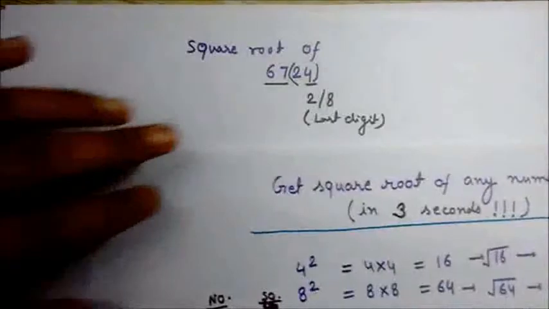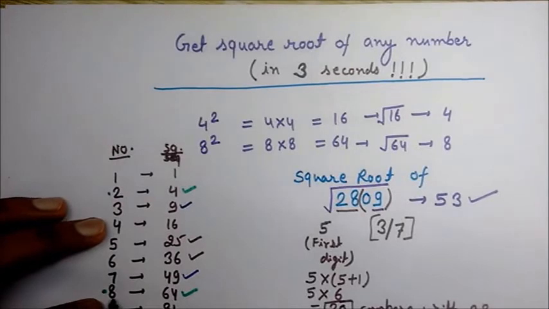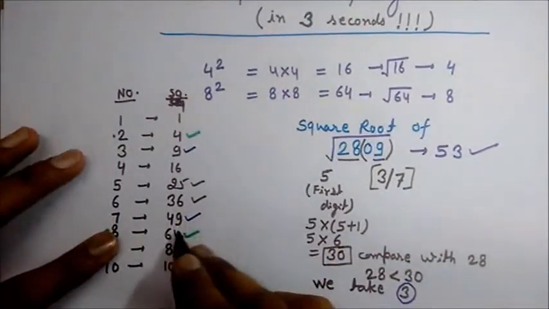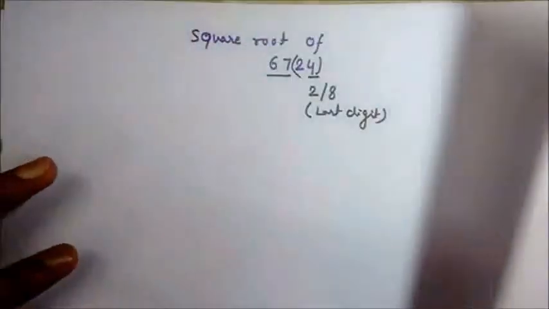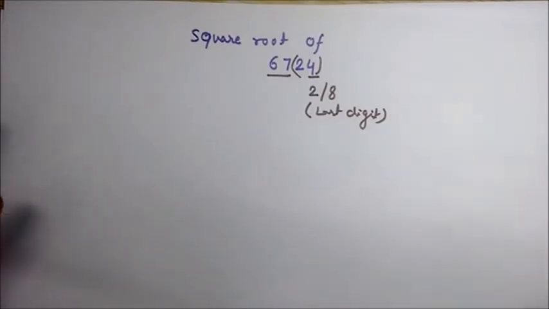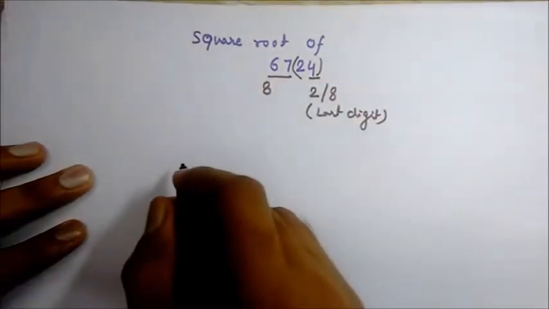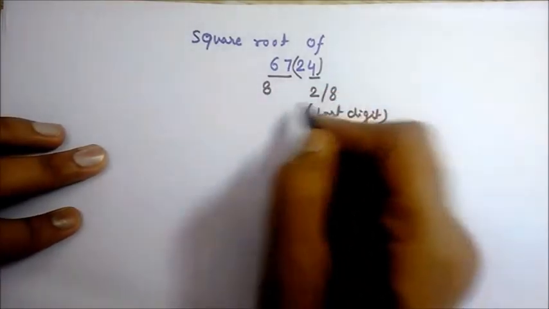The square of 8 is 64 and the square of 9 is 81, so 67 lies between 64 and 81, so it lies between 8 and 9. We take the smaller number, so that is 8. So this is our first digit.